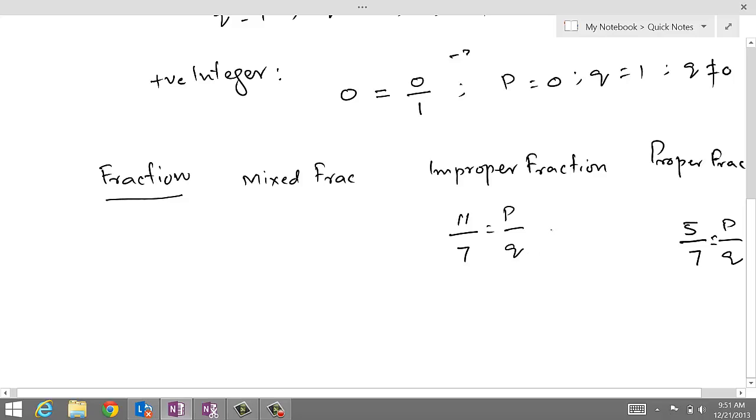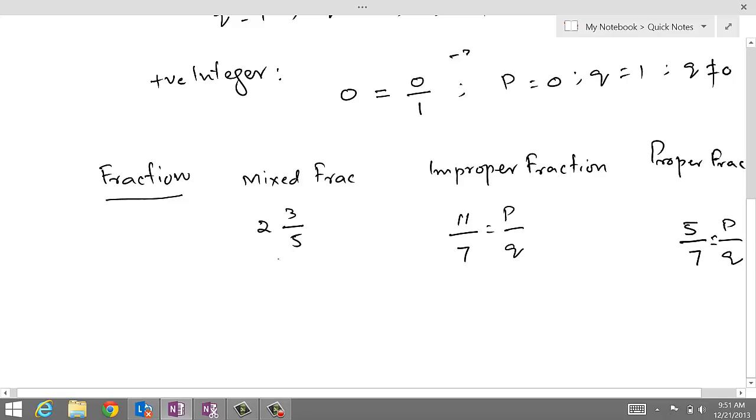So we can say definitely that this is a rational number. And mixed fractions are, let's say, 2 whole 3 over 5. We can definitely convert it into a proper or improper fraction.